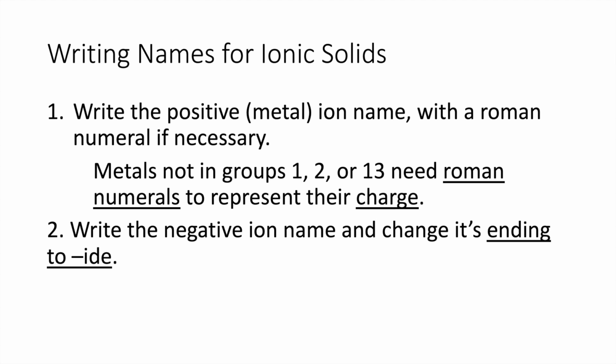So if it's not a part of those 3, it'll need a Roman numeral. Once you have the positive ion's name written, you're going to write the negative ion name and change the ending to IDE. So that's going to be a common theme, is we're going to be changing the ending to "ide."